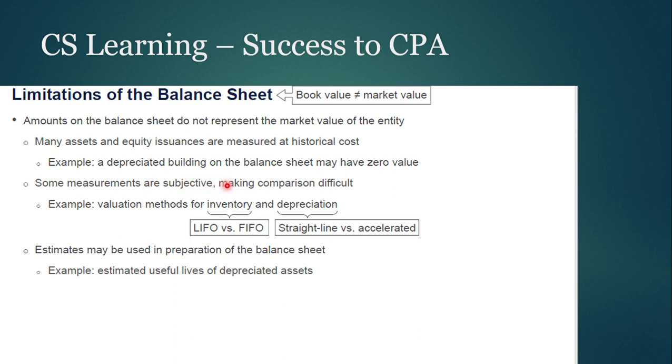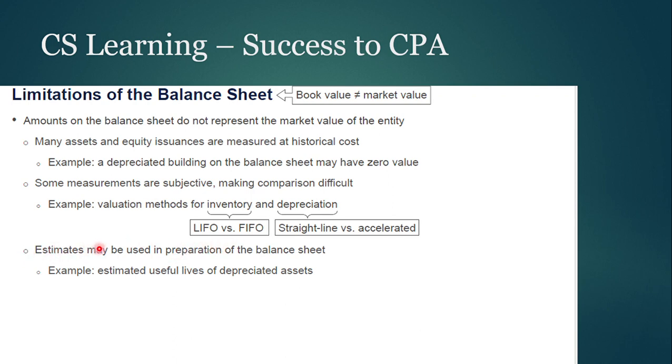Some measurements are subjective, making comparison difficult. For example, the valuation method for inventory between LIFO and FIFO, and straight line versus accelerated method. We have different kinds of methods for inventory, LIFO versus FIFO, that can have different calculation methods, which can give you a wrong picture about your calculation and estimation.